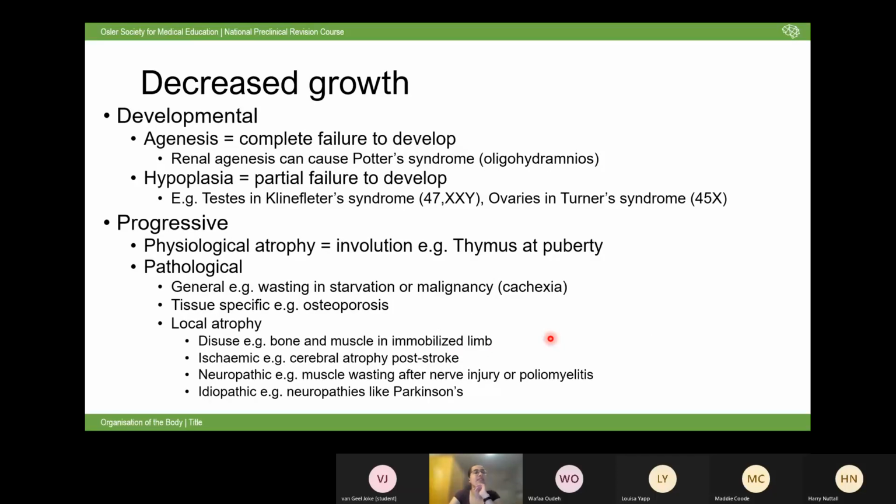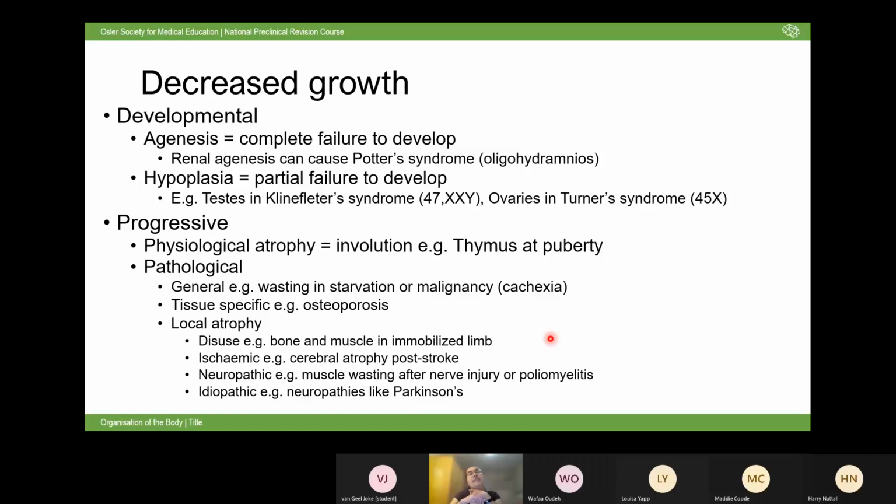And then in terms of decreased growth, this can be developmental, which means that it's never hit the right size, or progressive, which means it was once the right size and then got smaller. And so in terms of developmental, it can either be agenesis, which means that it didn't develop at all.